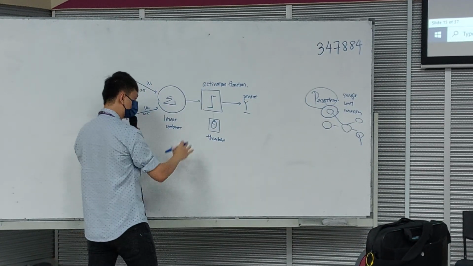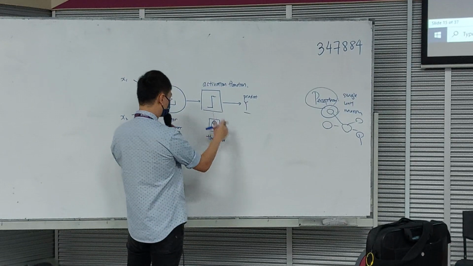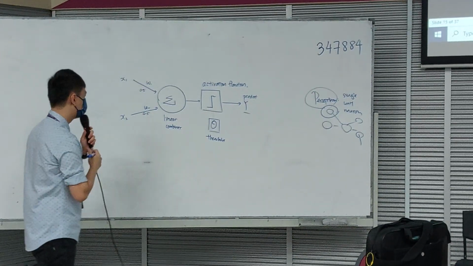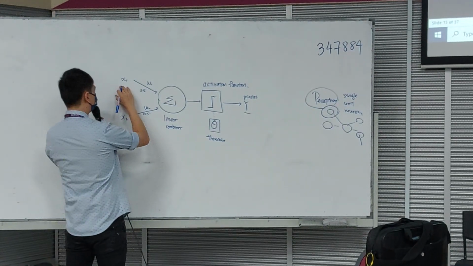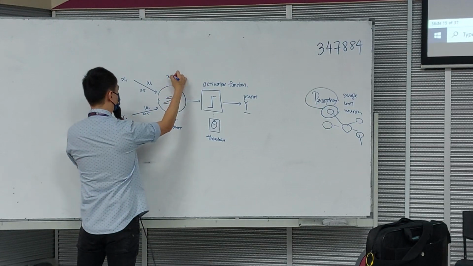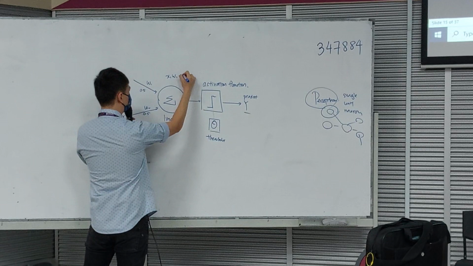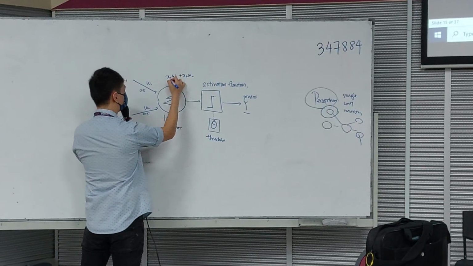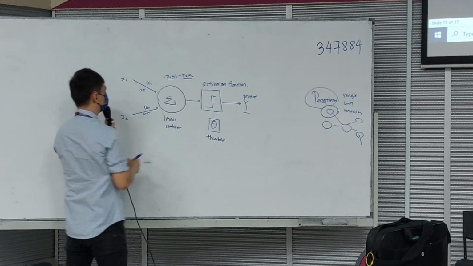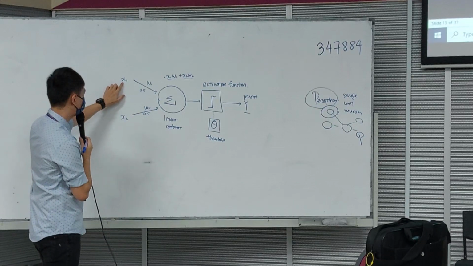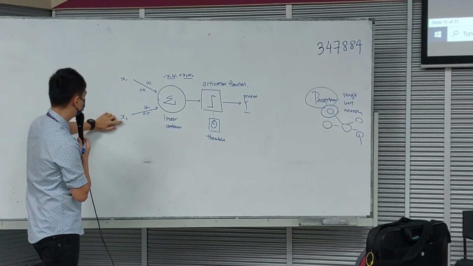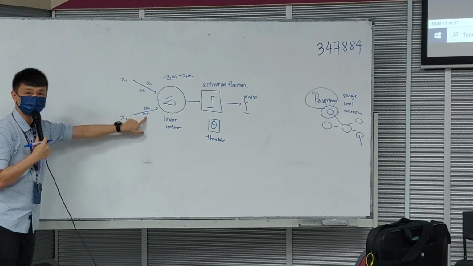Normally in the program, you do not need to set it. It will be set for you by default. Okay. And then we will insert x1 W1 and x2 W2 into the linear combiner using this equation. We just multiply them together. It means your x1, you have the value, multiplied with this value, plus x2 with this 0.5.